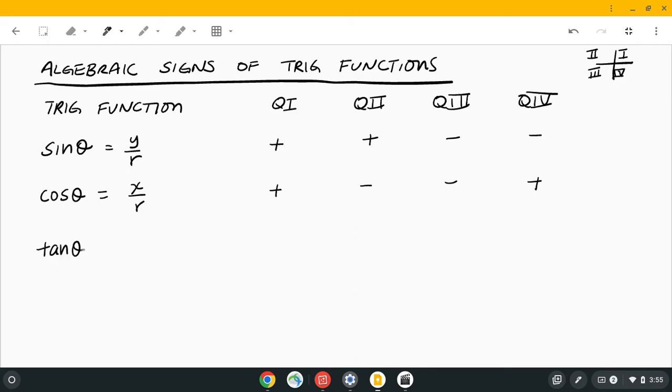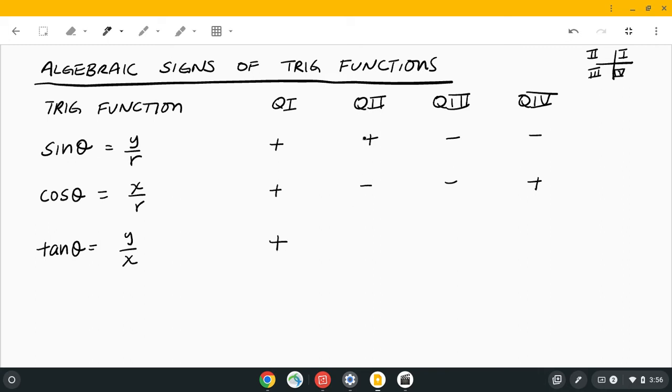And then tangent is y over x. Now remember, these signs are really the signs of y and x. So when we're trying to figure out the sign of tangent theta, we can just look at these here. Y over x. Y is positive, x is positive, therefore tangent will be positive.